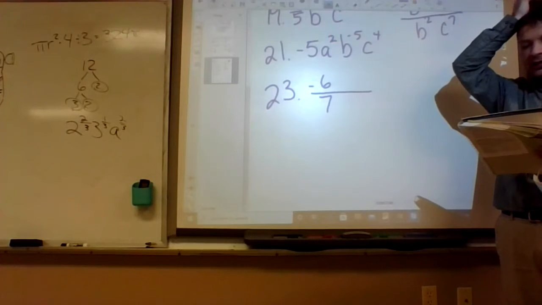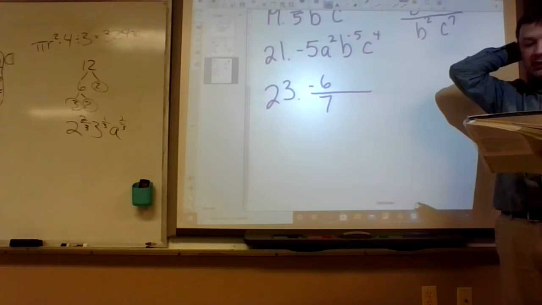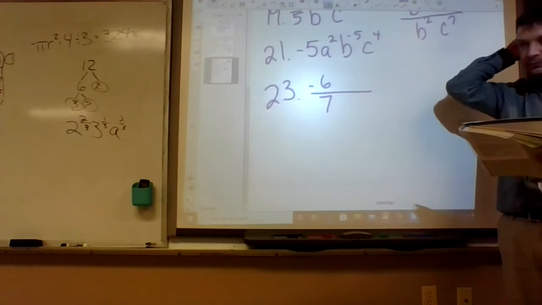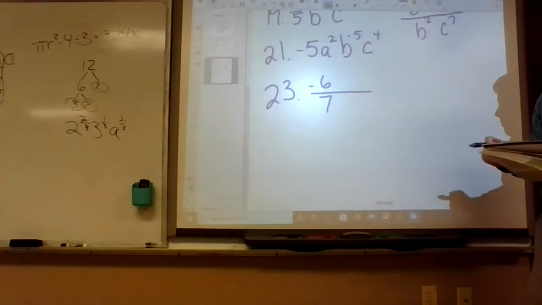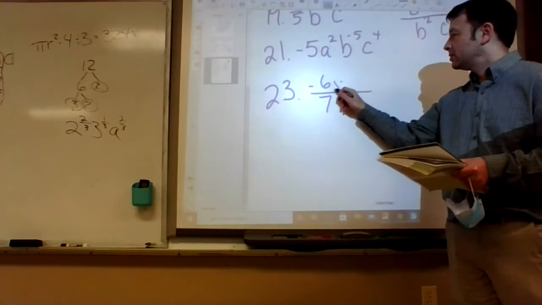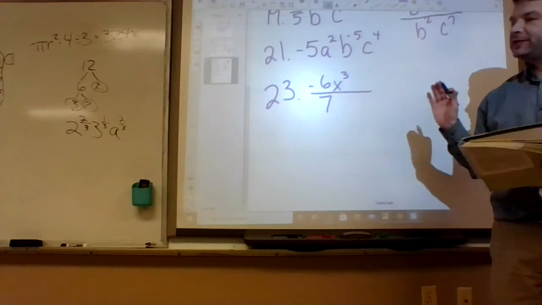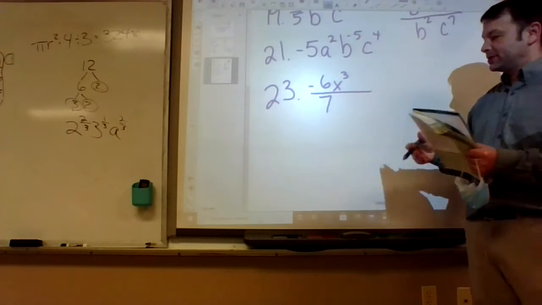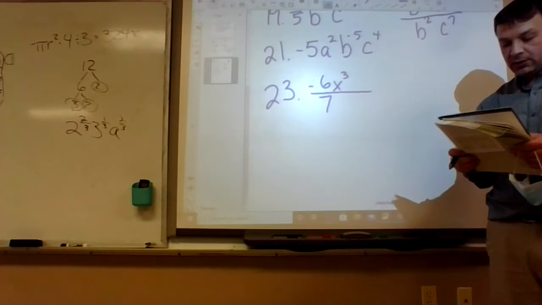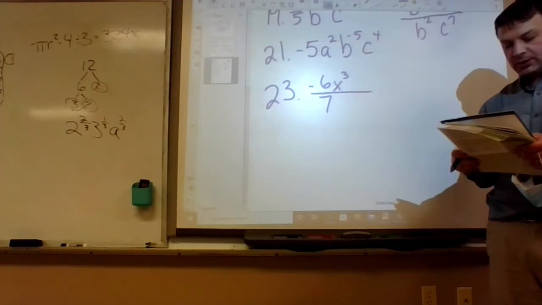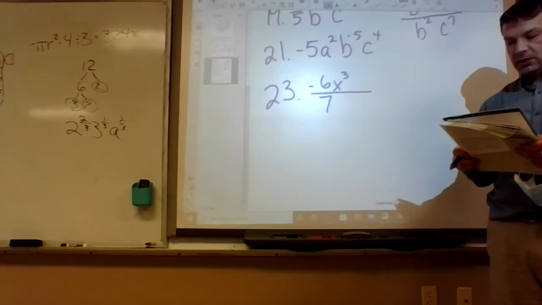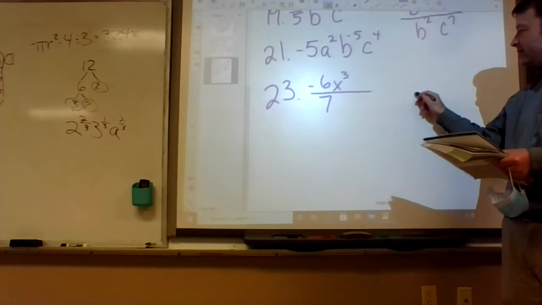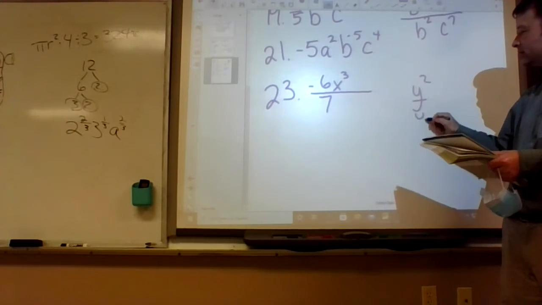So the 6 and 7 don't do anything, basically. Okay, Jaden, x to the 5th divided by x squared. X to the third. Yes. If it's positive, it's going to be on top, basically. And then y squared divided by y squared. Anything divided by itself is 1.